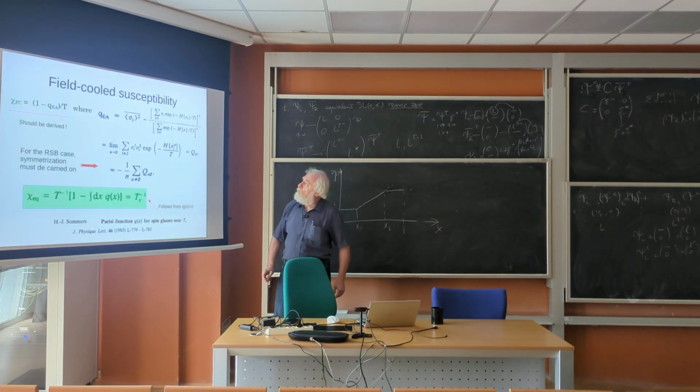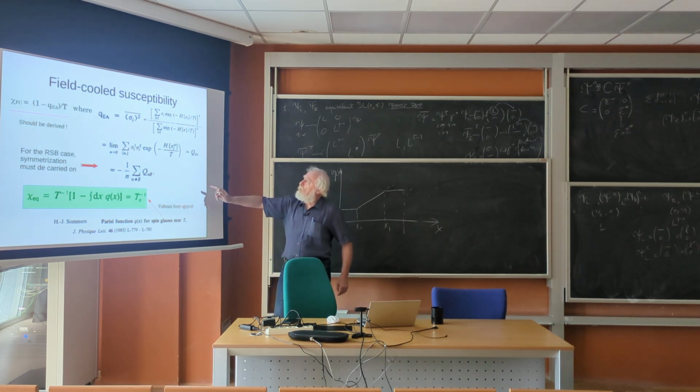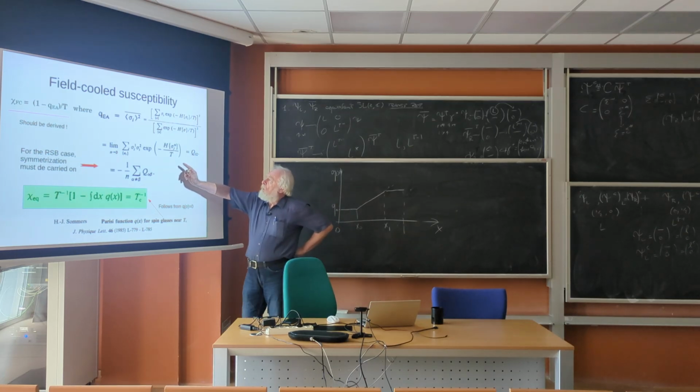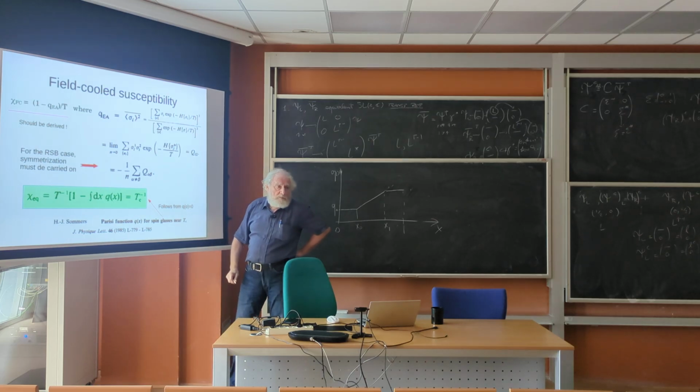now what is this q? Here, this q is the Edwards-Anderson parameter, which in replica language corresponds to such an expression where q1 and 2 are two different replicas.